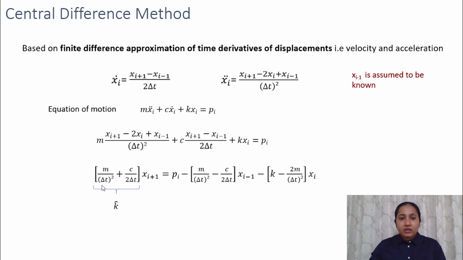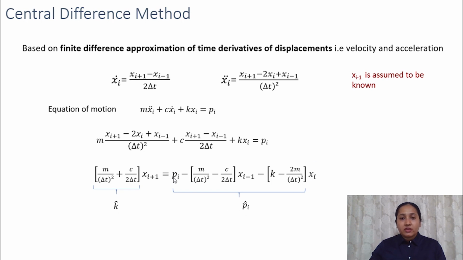So we can represent this value as an effective stiffness, and the right hand side is force minus these terms, and we can express this right hand side as an effective force, because the unit of every term in the right hand side is that of the force.